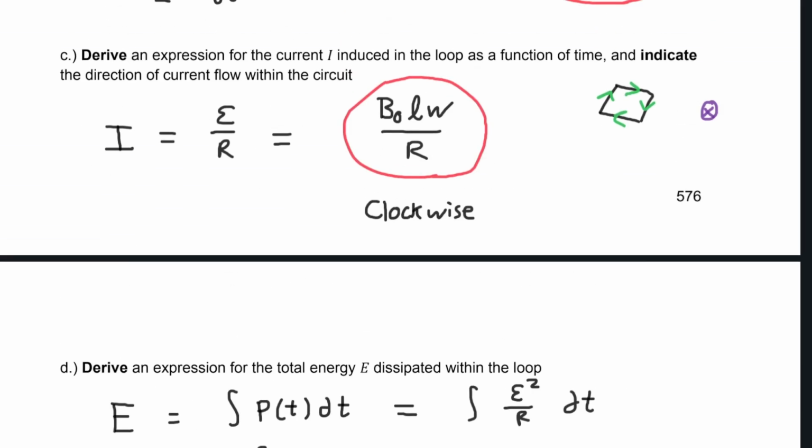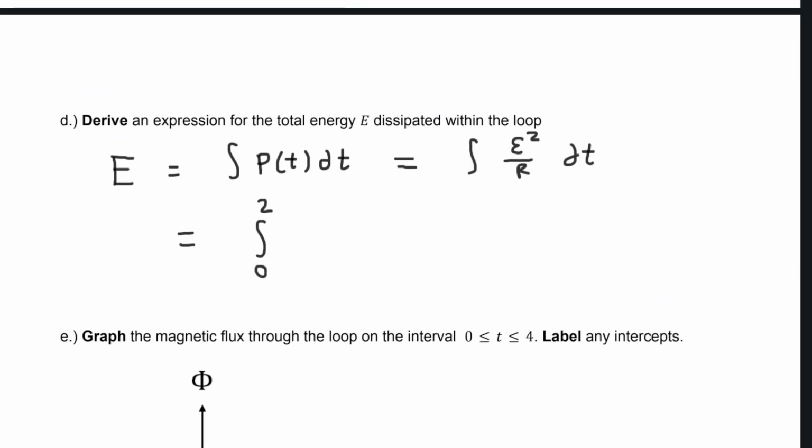So the EMF we said was equal to B0 LW, all squared, divided by R. And notice we actually didn't need all the integration because we had a constant EMF. So everything gets factored out of the integral.